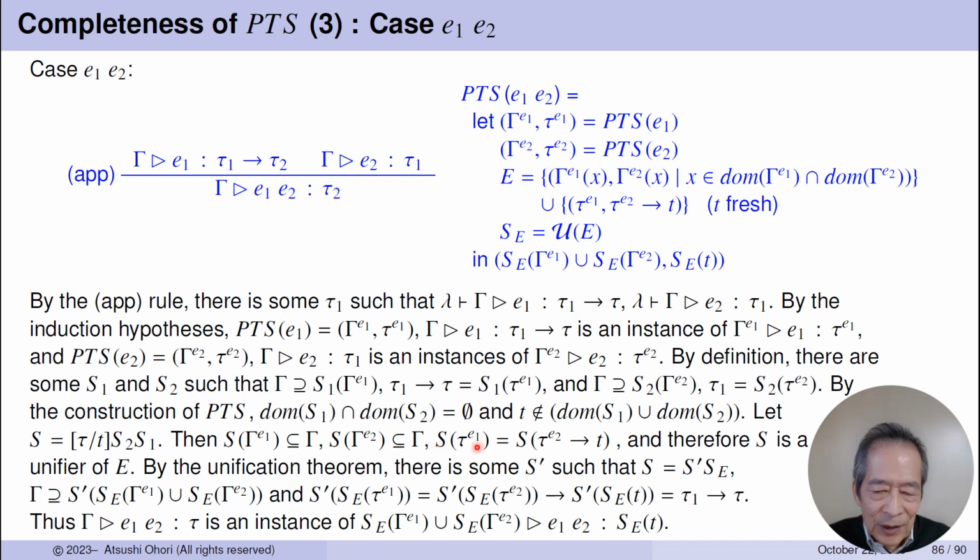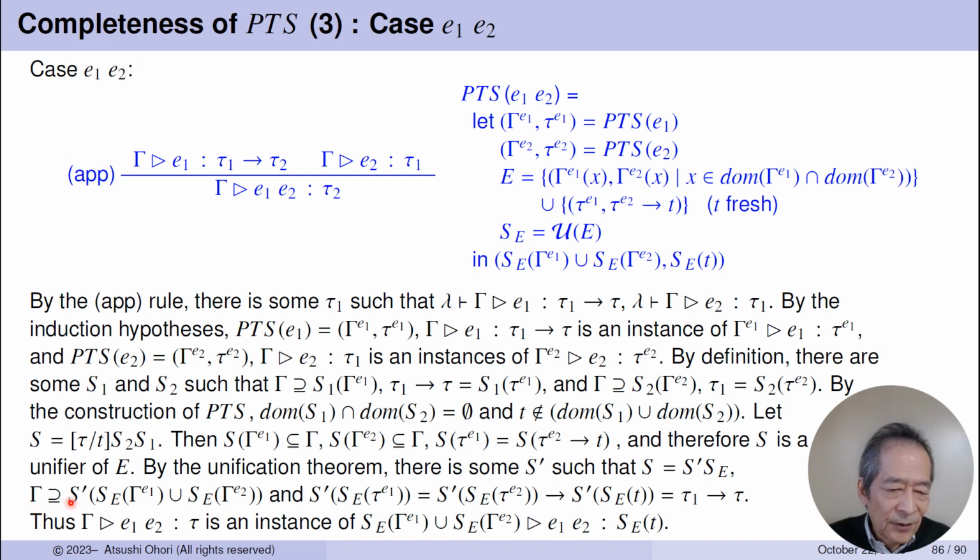And S applied to tau E1 is the same as S applied to tau E2 arrow T. And therefore, S is a unifier of this equation, right? S equates this equation and this equation. So by the unification theorem, there must be some S prime such that S can be represented by the composition of S prime and SE.